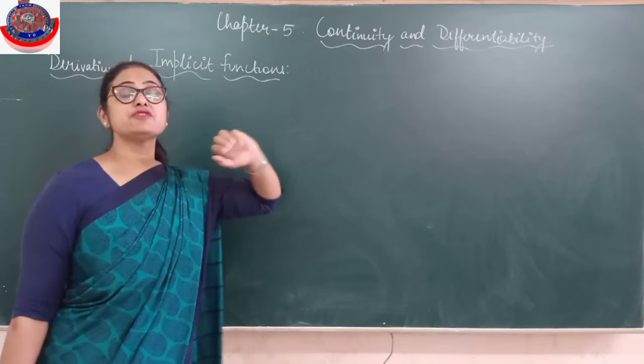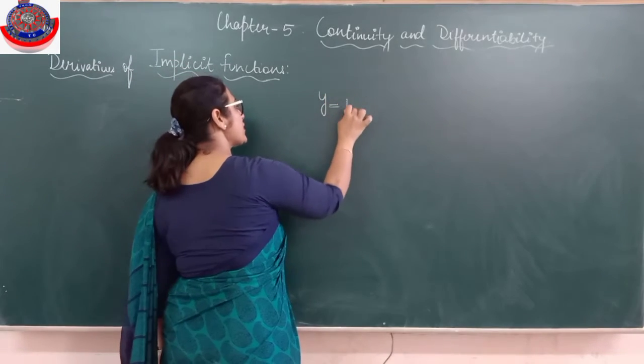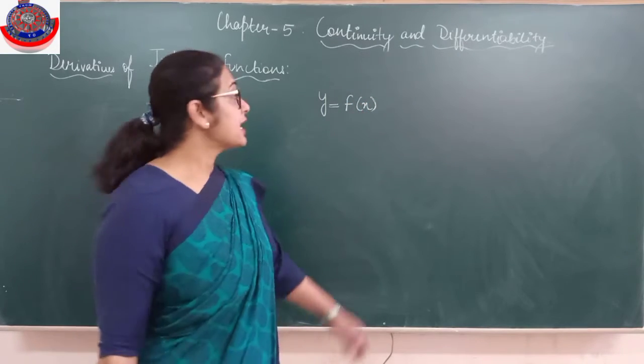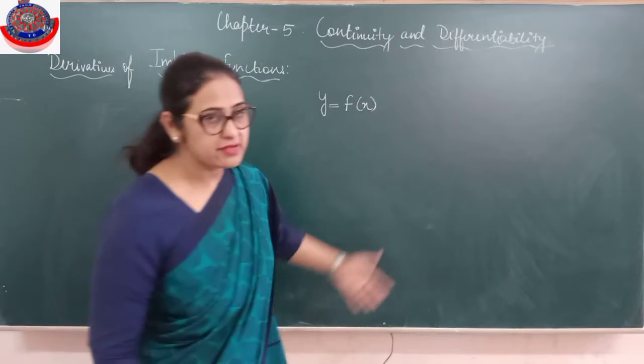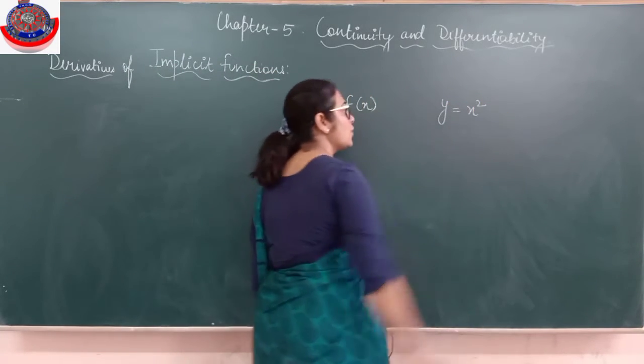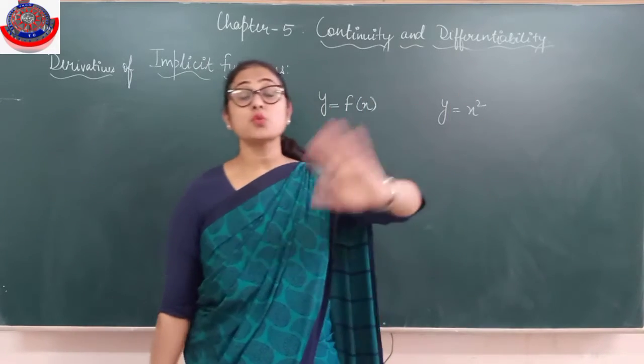Now see, we have differentiated the function of the type y is equal to f of x. That means y is a function of x. I'll just give an example. Say y is equal to x square. Y is on one side, x is on one side.